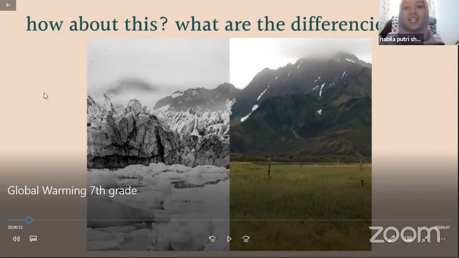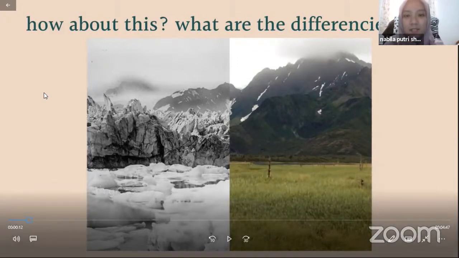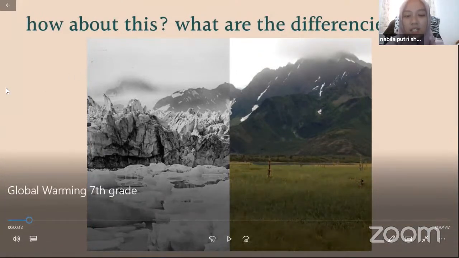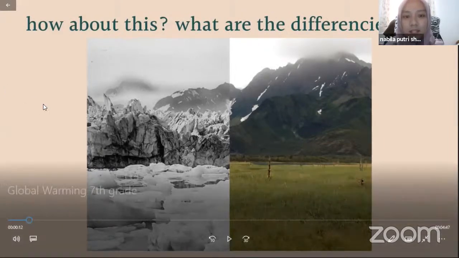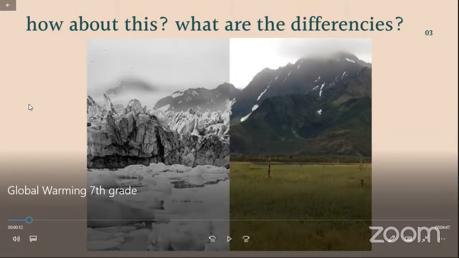Okay, students. In this picture, we see the same places, but in different conditions, right? Can you identify what the differences are and what the global warming effects are in these pictures? The presence of snow, miss.